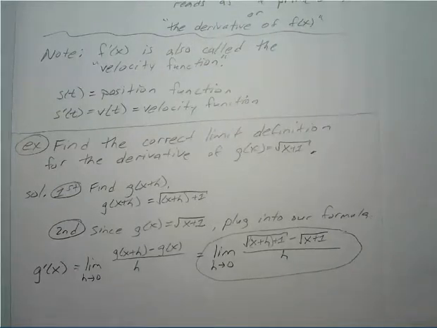This is just a way to ease into using the formula. Okay, so this is the limit definition for the derivative of g of x. This is just the setup. Alright, so if you are still writing, feel free to press pause, but we're going to go ahead and move on to our next example.